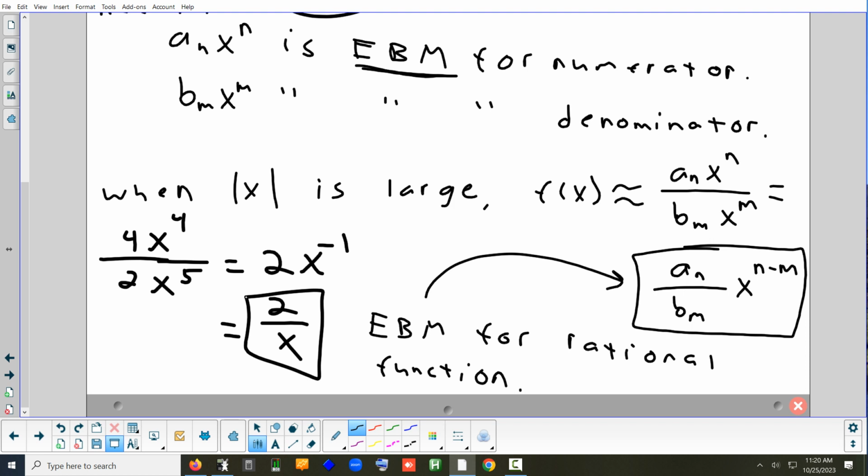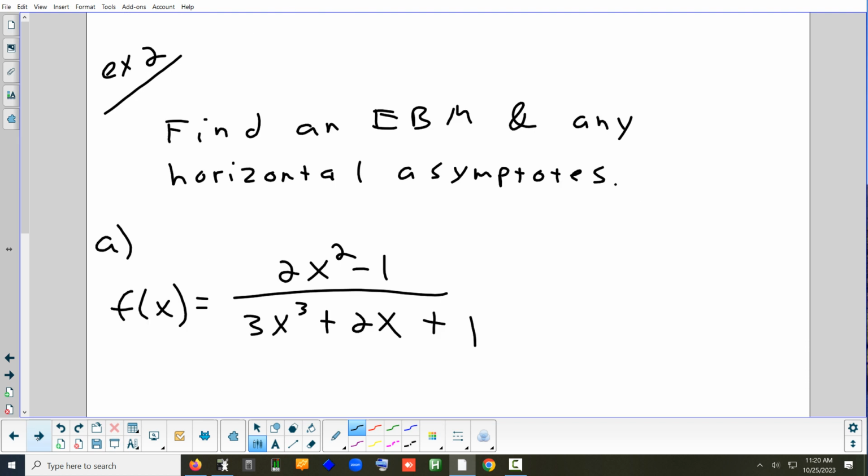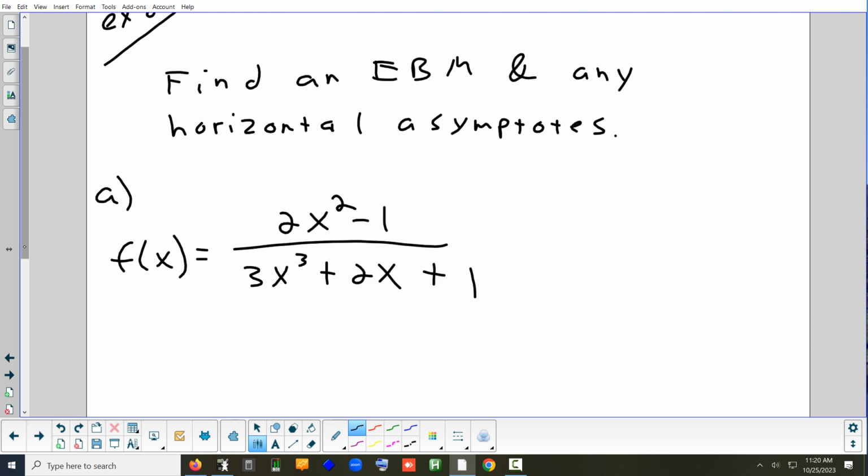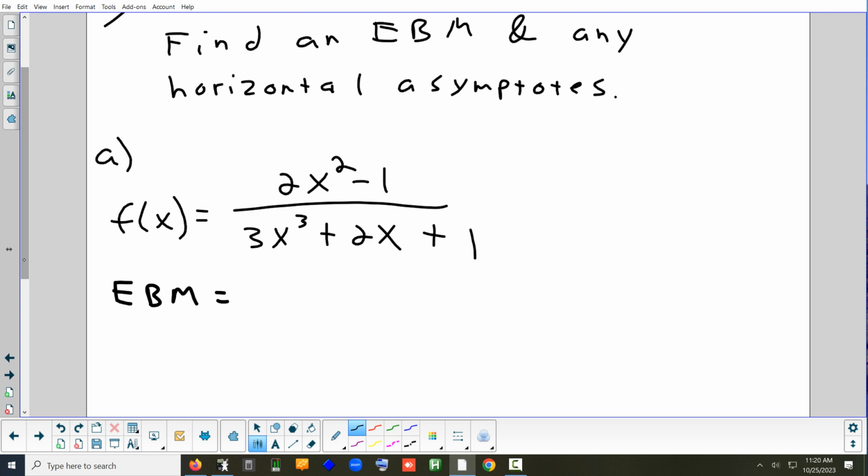Any question on that? All right. So let's try this. Find an end behavior model and the horizontal asymptotes. So that's what the end behavior model does. It basically gives you a simplified formula to look at to find the horizontal asymptotes, and it ignores all the stuff that doesn't matter. Okay. What's the highest degree term in the top? 2x to the second.